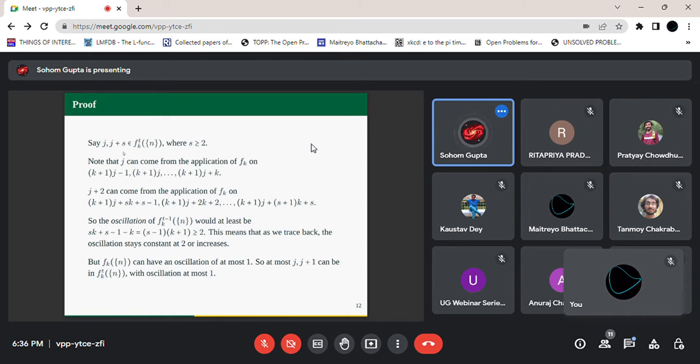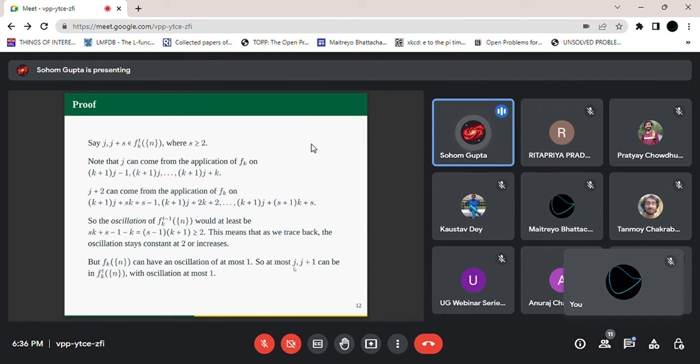So therefore, the most oscillation that fk composed t times can have is 1, which means that at most a value j comma j plus 1 can be in a sufficient number of compositions of n. And you know that this is possible because of the definition, like q comma q plus 1 is present in some of the values. So therefore, we get something very interesting.